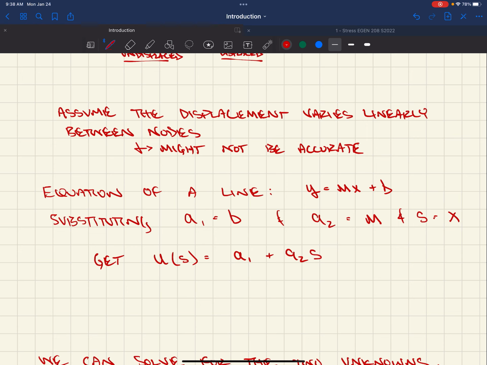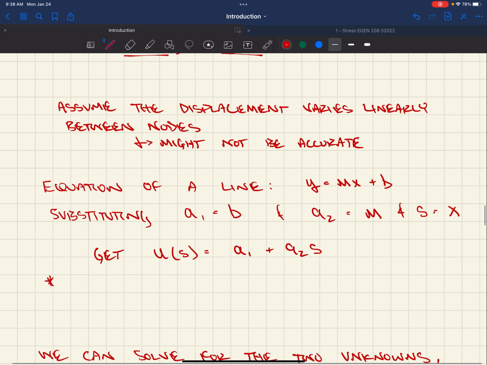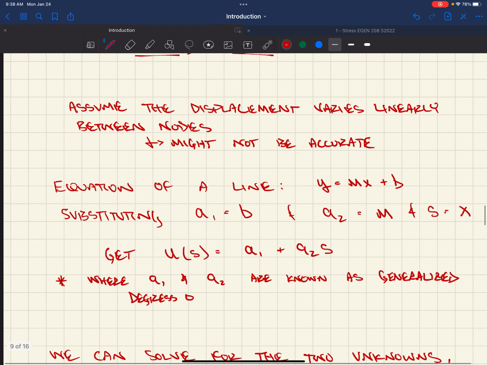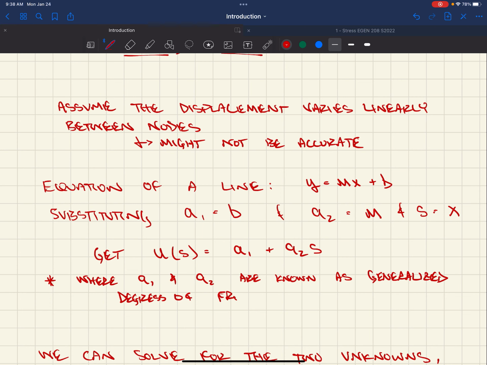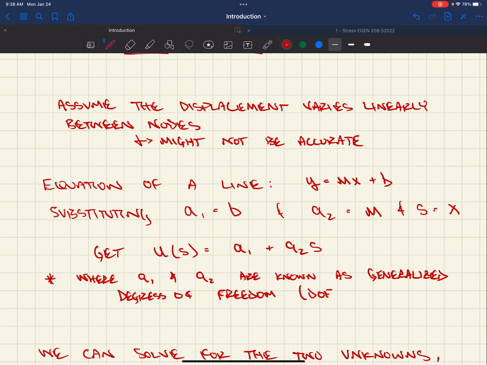And generally, what we call these A1 and A2 are known as generalized degrees of freedom. DOF, right? Degrees of freedom.